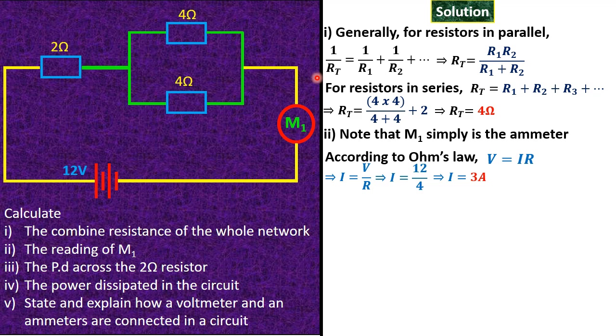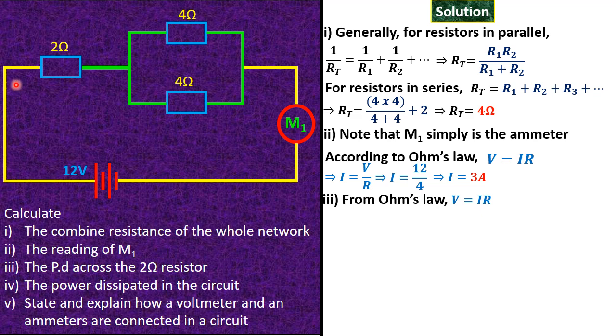Now the next part, which is Roman 3, wants us to get the PD, or the potential difference, across the 2 ohm resistor. We are still going to be using Ohm's law, which says V = IR. Keep in mind that our V in this case is the potential difference across the 2 ohm resistor, and our I is the current flowing through this 2 ohm resistor, which is definitely the reading of M1, because the current flows from positive to negative.